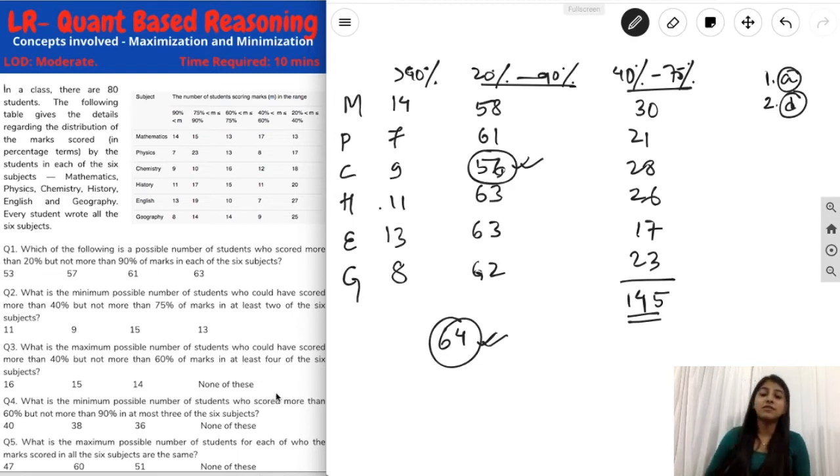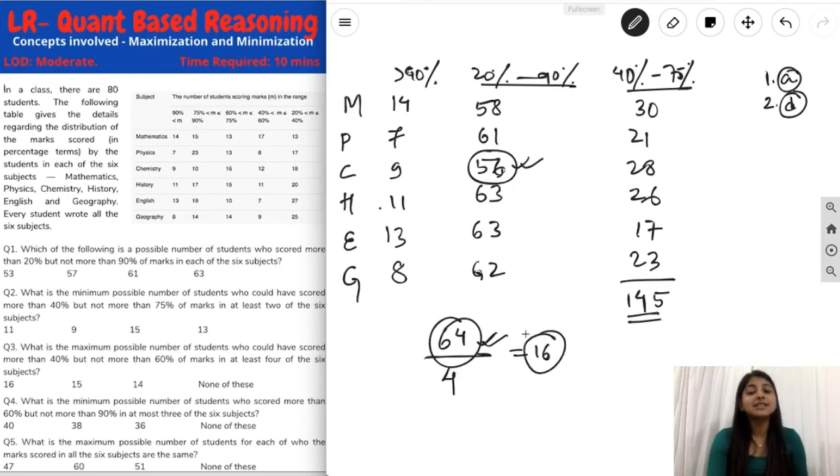In at least 4. So what are we going to do for at least 4? We need the maximum possible number of students out of 80. There are a total of 80 students. So let us assume that these 64 are all made up of students having 4 subjects. 64 divided by 4 is 16.